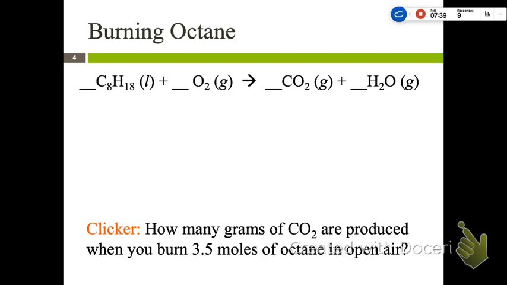You know the number of moles of octane, and it's asking for the grams of CO2. First, how did we get it? Now I'm going to go from moles of carbon dioxide to grams of carbon dioxide.